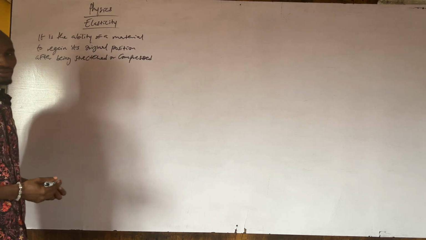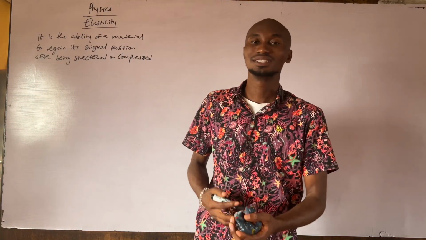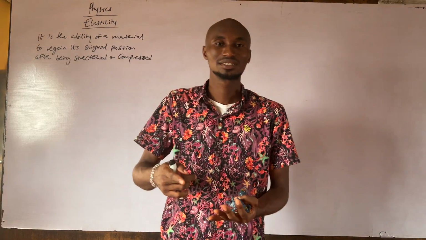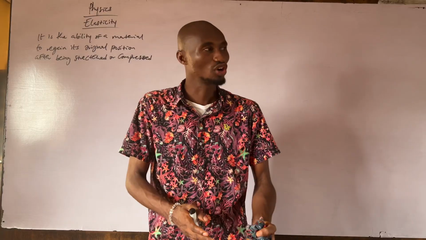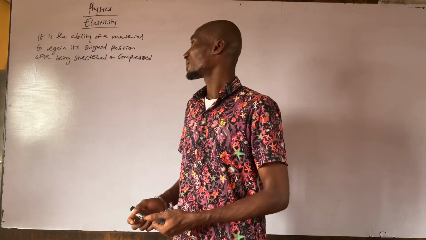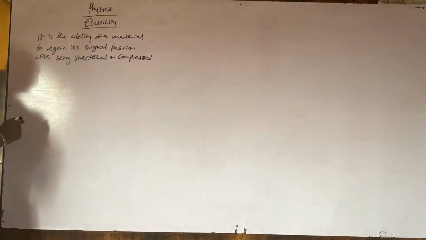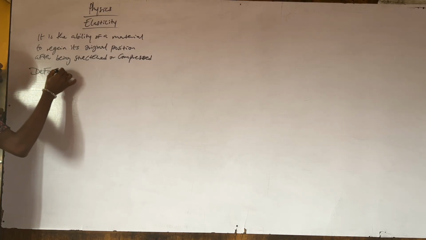So you can use your own definition. You can also say that elasticity is the ability of a material to regain its original size, position after being deformed or compressed. Do you understand? Another thing you need to know about elasticity is deformation.